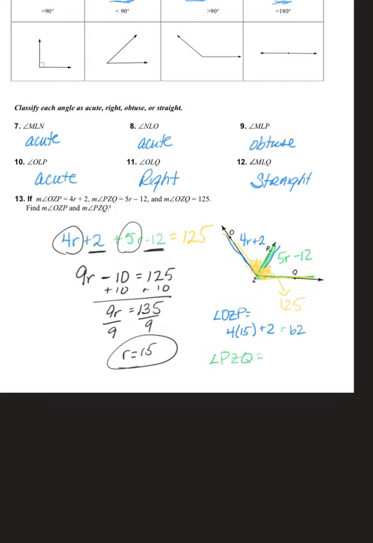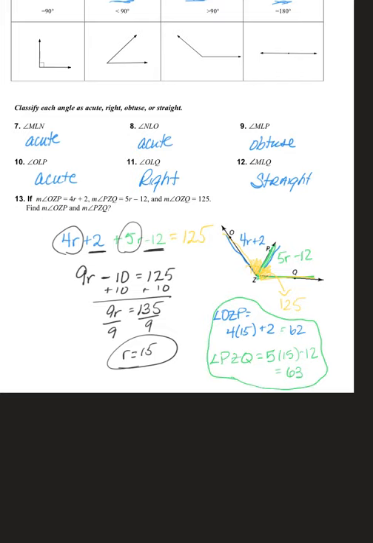We're going to substitute 15 in for r again. So now we've got 5 times 15 minus 12, which gives me a total of 63. So I know I've done it right if when I add those I get our total. So 62 plus 63 does give me 125. So I know I've done my two problems correctly.